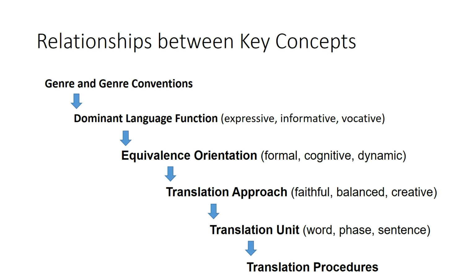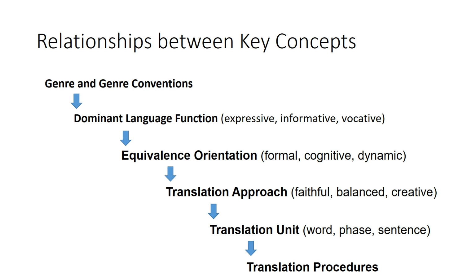Those equivalence orientations that come to us from Nida and then Newmark are formal, cognitive, and dynamic, right? Are we aiming for structural equivalence, informational or message equivalence, or equivalent effect? Those line up also with maybe which of the translation approaches we want to adopt before we start to translate or as we translate.